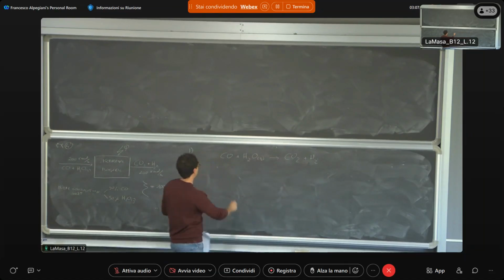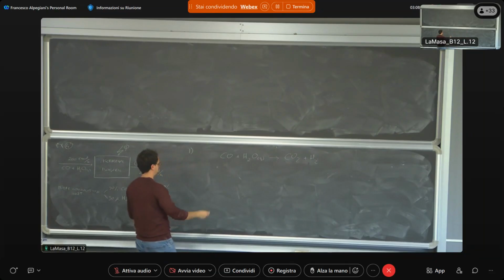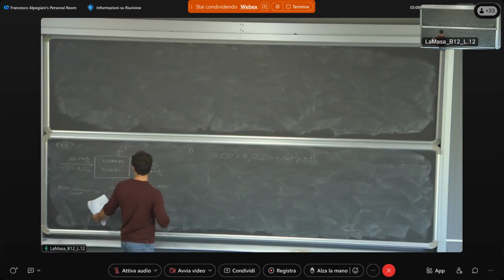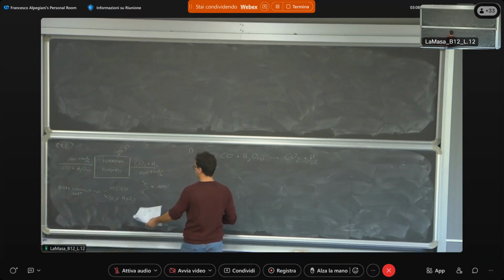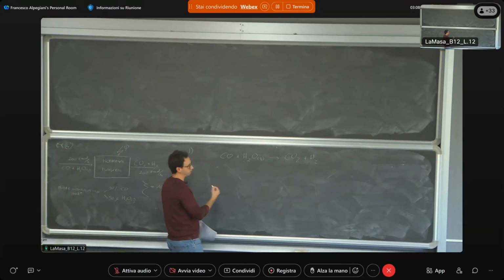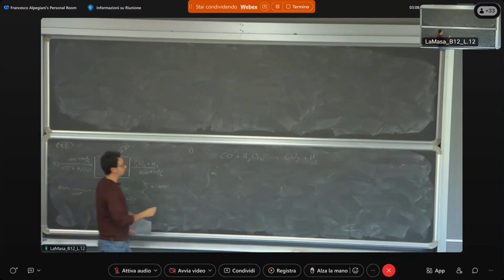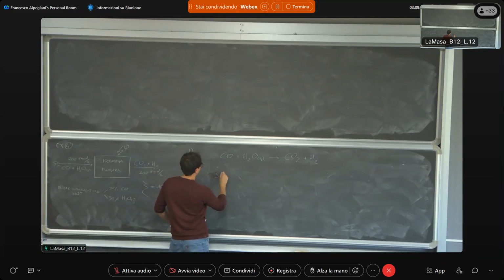This means that if you have inlet flows of 200 kmol/h of CO and H2O, so this mixture in which you have 50% of CO and 50% of H2O, at the inlet you will have the inlet stream that we can call S1, equal to 200 kmol/h.